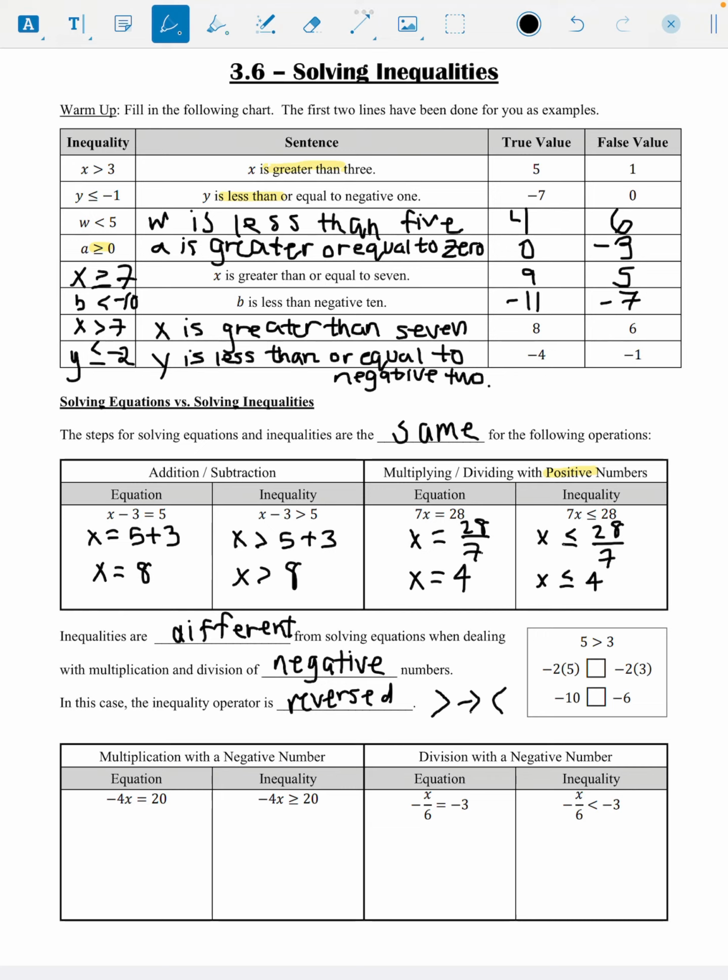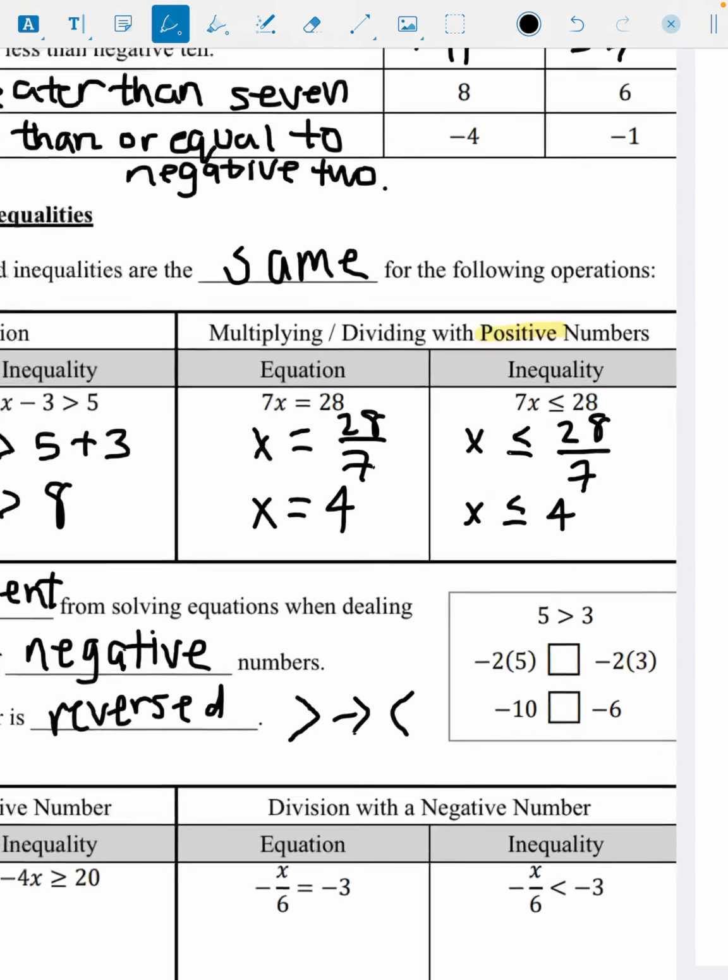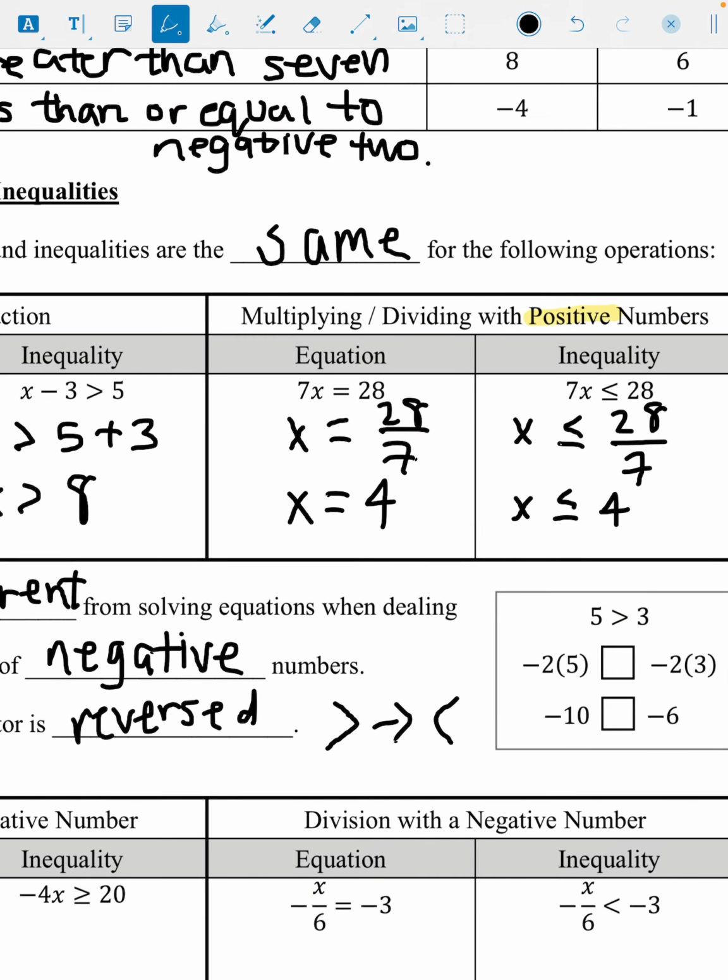So let's look at this example on the right here. We have that 5 is greater than 3, which is true. So now when we multiply both sides by -2, so -2 times 5, and we have -2 times 3, something changes. If we look at the last step here, we have a -10 and a -6.